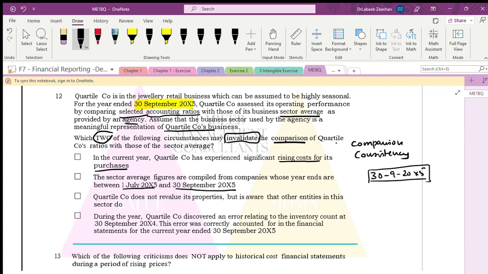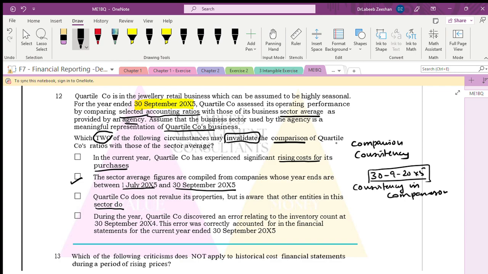There should be consistency in comparison. Here, that will not happen. Some companies will have July, some August, some September. Definitely this will invalidate.